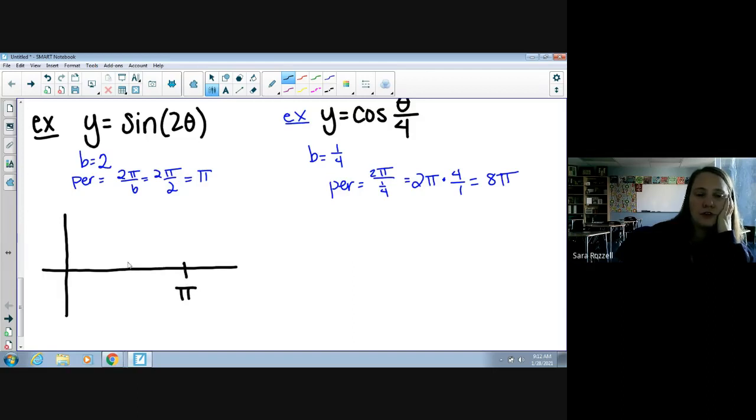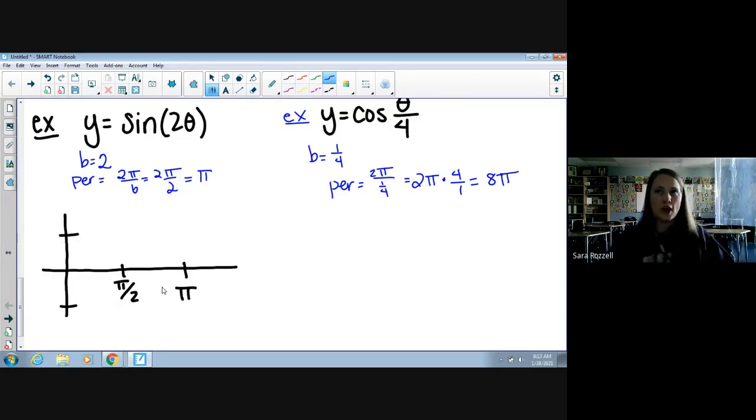Then I'm going to fill the rest in. What is the halfway between 0 and pi? That's going to be pi over 2, right? If y'all want, we could just go ahead and graph it right now. You want to? Okay, so this is sine.